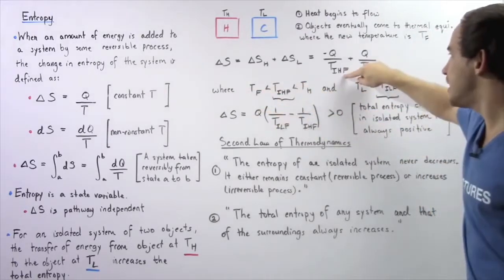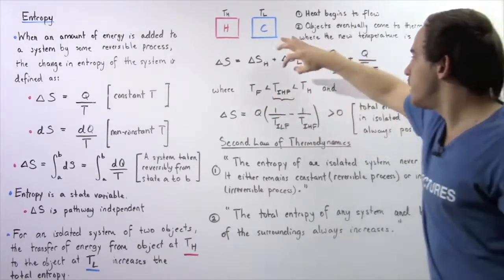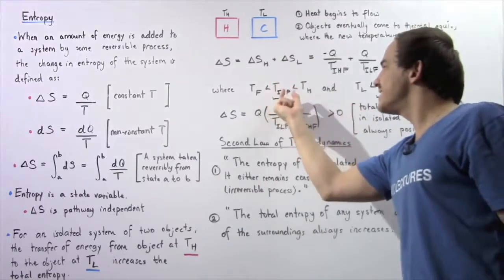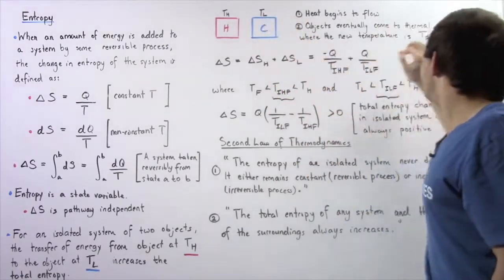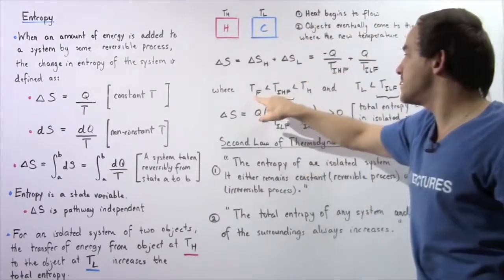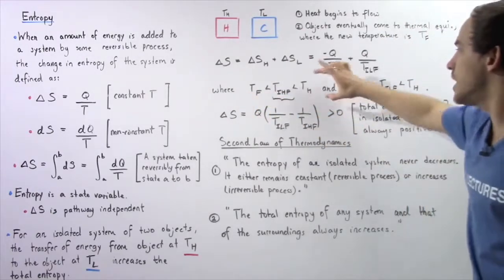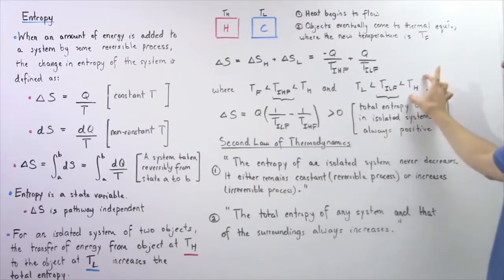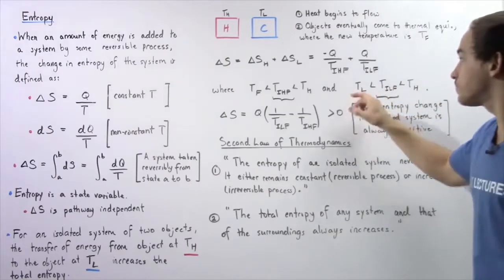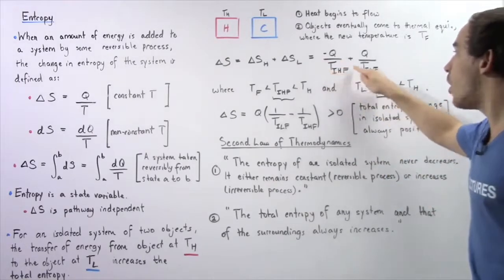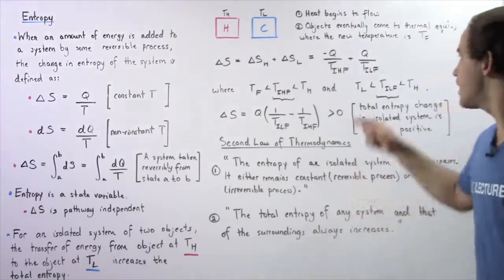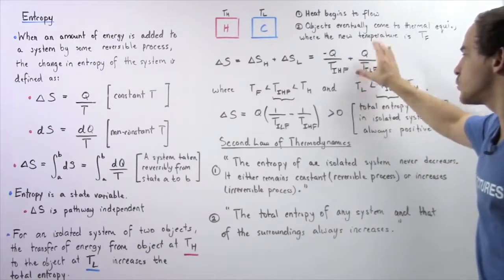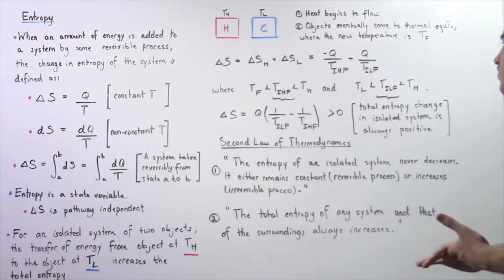So our range is given by the following. The temperature for this object is between the final temperature and the high temperature, while this temperature is between the final temperature and the low temperature. Now notice, this quantity is greater than this quantity, and this will become important in just a moment.